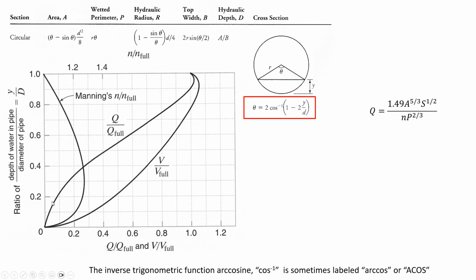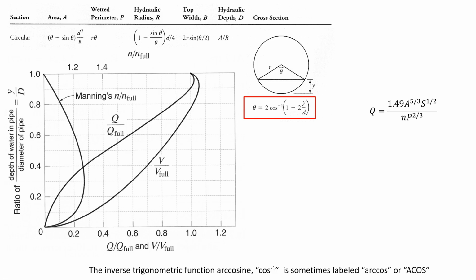This is a nonlinear curve because as you get deeper, progressively deeper, you're getting more flow area with less wetted perimeter. So you follow the Manning's curve up to the top, and then the ratios for flow rate and velocity go down here to the bottom.